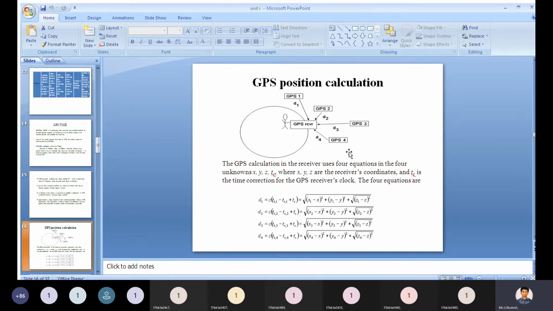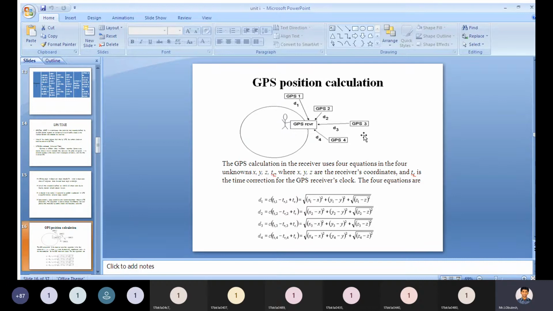Here we have 4 GPS satellites. These 4 GPSs will send the information to the GPS receiver. These GPSs get the information from the GPS transmitters, the data which they acquire from the GPS transmitters.